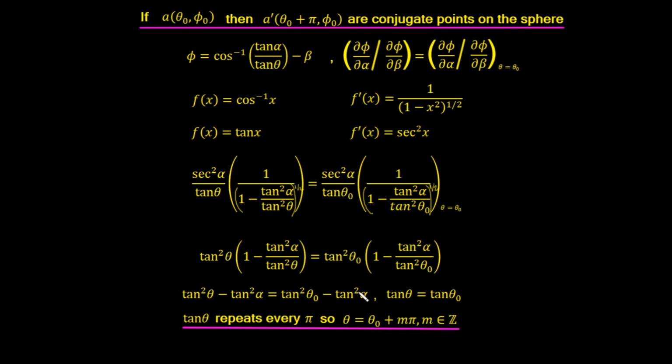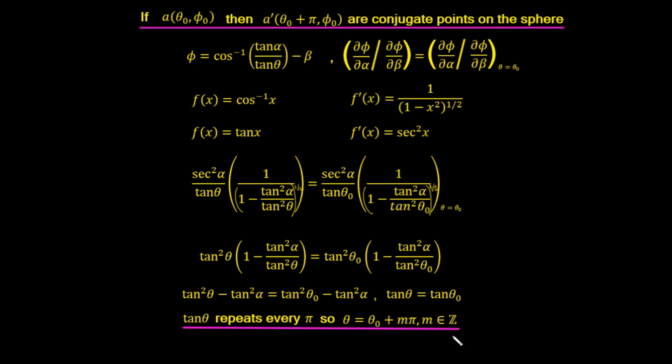Now the minus tan squared alpha here will cancel with the minus tan squared alpha and we'll be simply left with tan theta equals tan theta naught. So now we know that the tangent function is going to repeat every pi radians. So it means that the solution to this here is going to be theta is equal to theta naught plus m pi, where m is some integer.